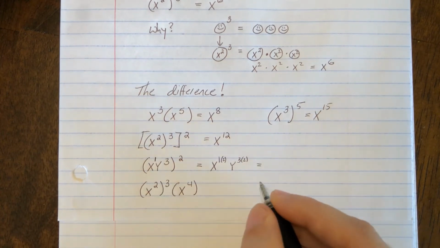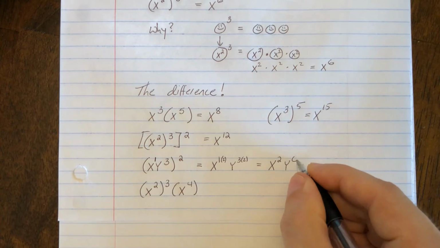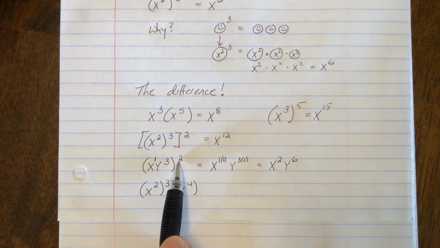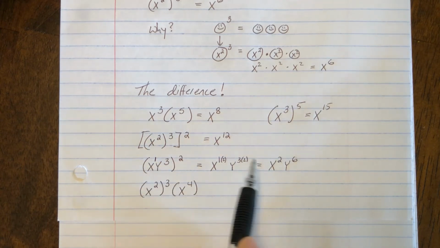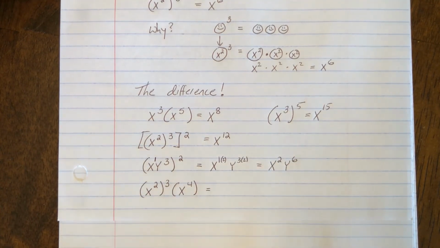So what this is ultimately going to be is x to the second, y to the sixth. And for those of you scratching your head who don't feel like hitting the rewind button, all we did was distributive property. 2 times 1 is 2. 2 times 3 is 6. That's it, done.